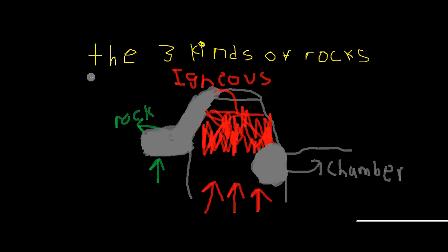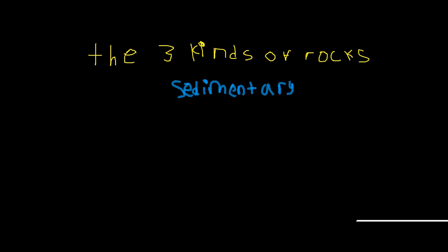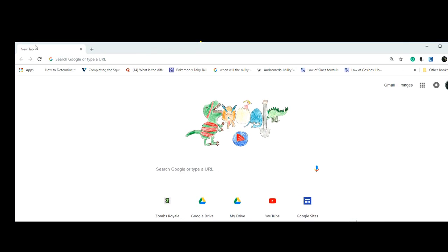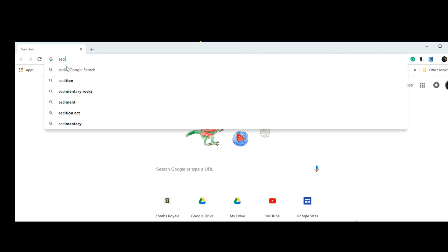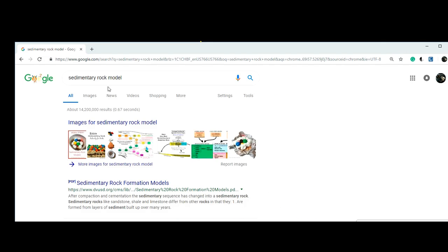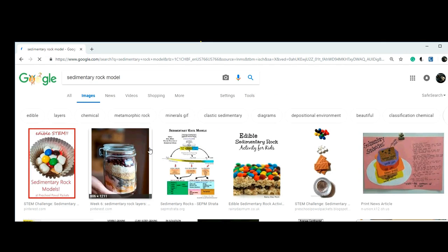So now let's talk about sedimentary rock. Let me get out Google. Sedimentary rock formation model, images.